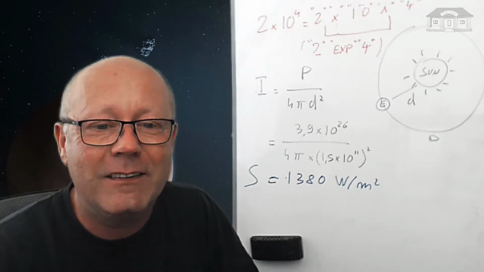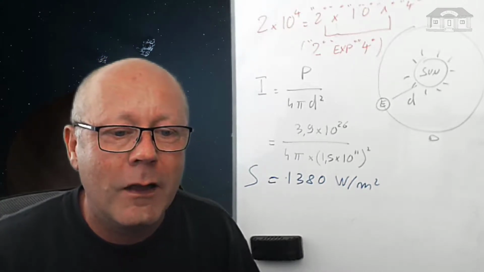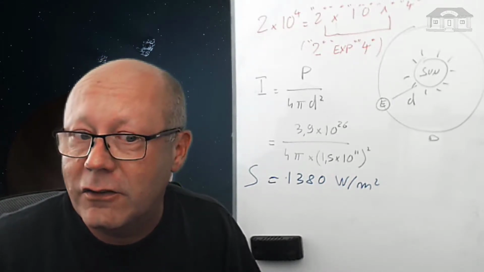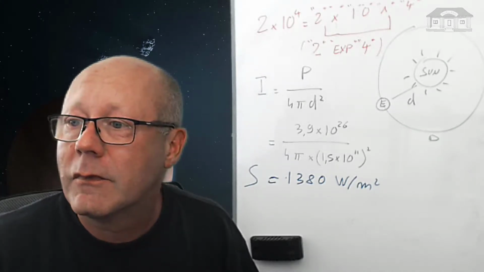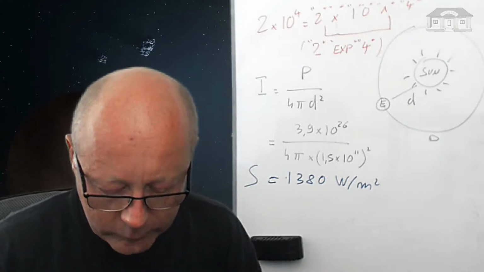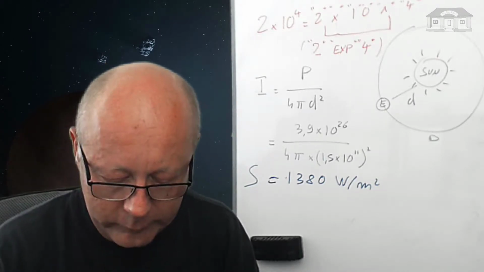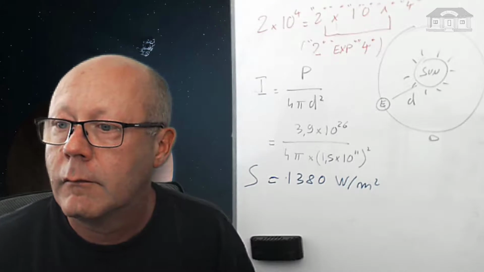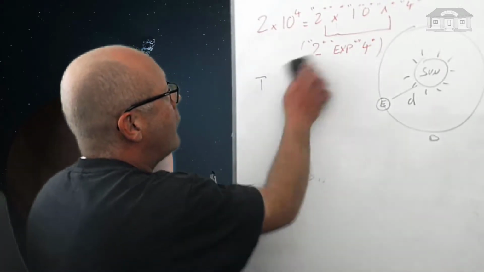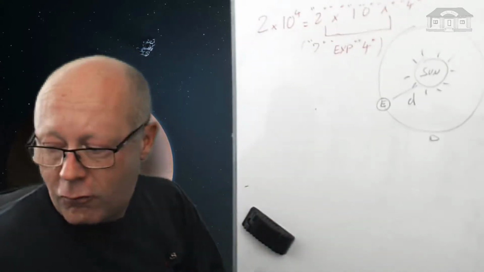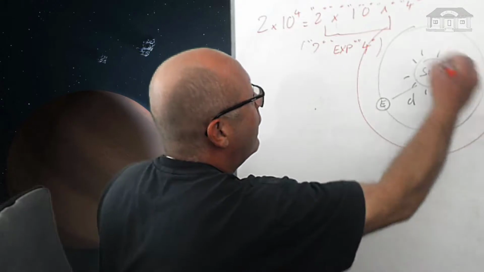So I'm going to add an exercise and an extra question. First, I need to go on the internet to check the distance from the Sun to Mars. Mars is another planet which is behind us, a bit further.